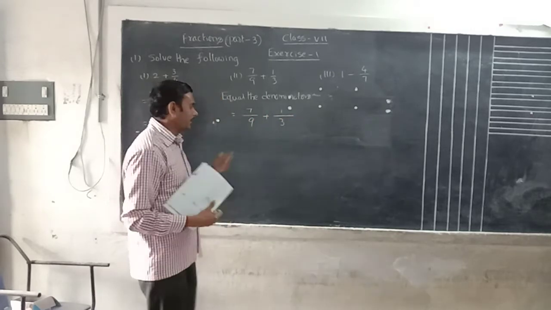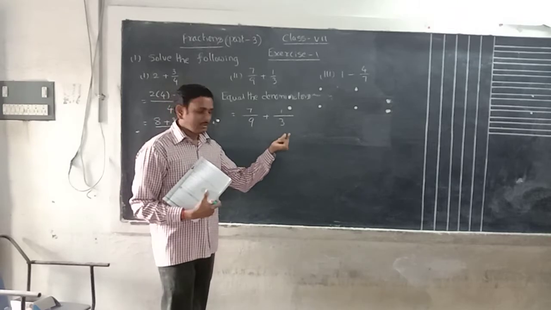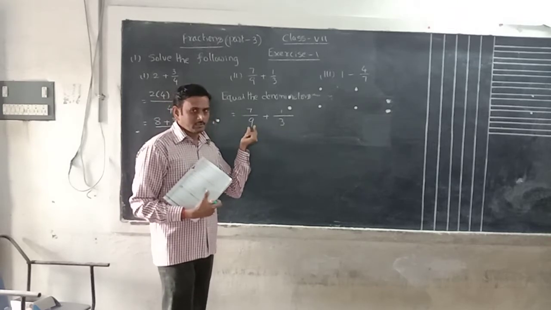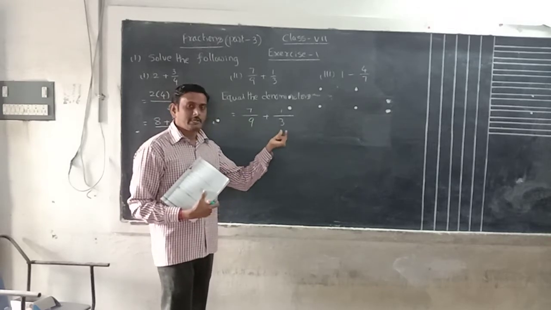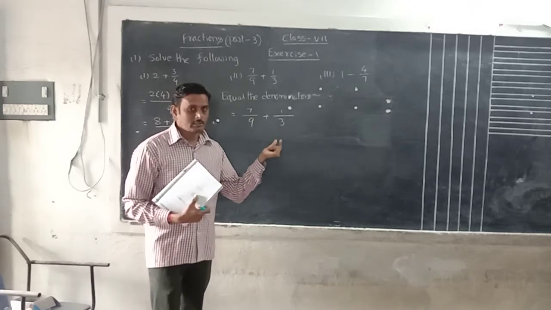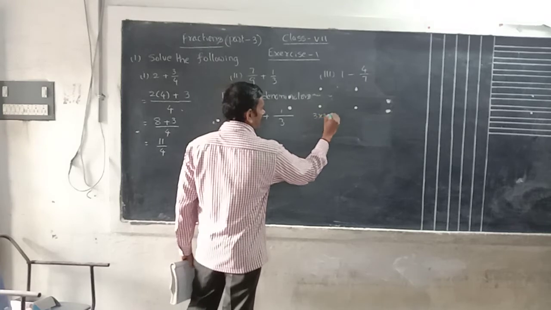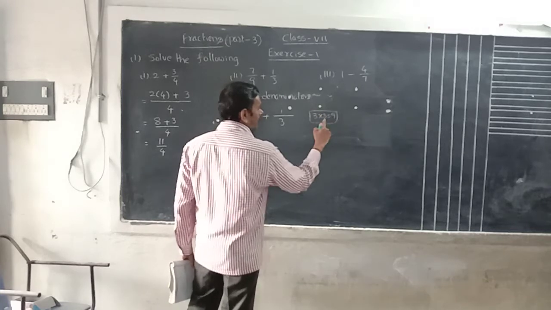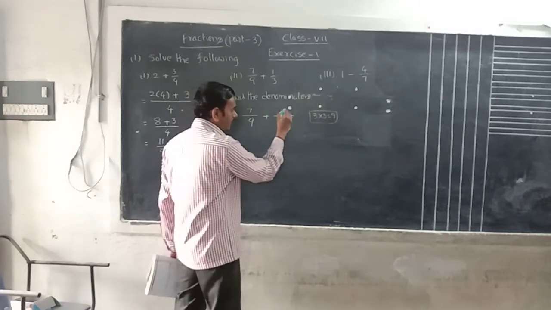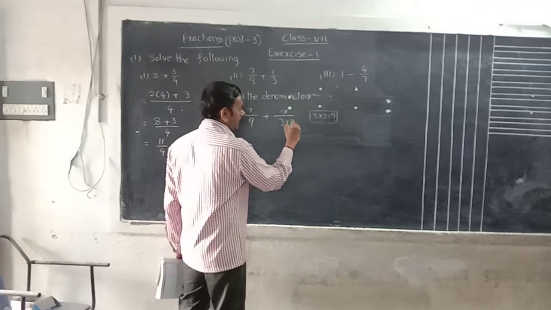What are the denominators? 9 and 3. The biggest number is 9, available in the 3 table. 3 threes are 9. That means 3 should multiply with 3, we will get 9.